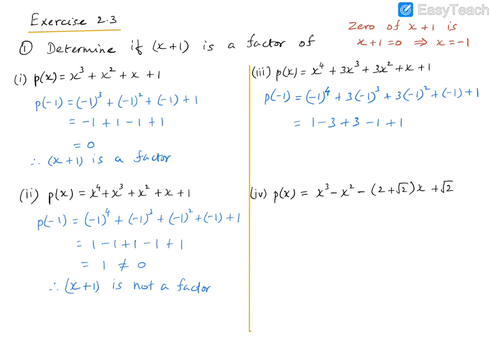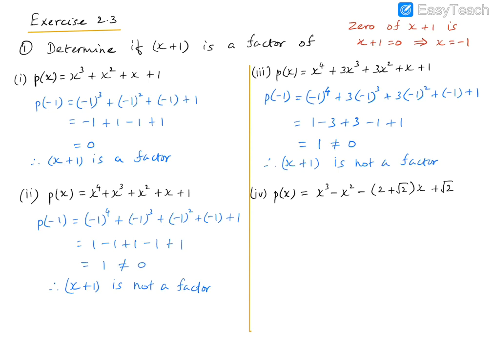So again in this case -3 and +3 is 0, -1 and +1 is 0, but we have a 1, so that's 1, and that is not equal to 0. Therefore x plus 1 is not a factor of this particular polynomial.